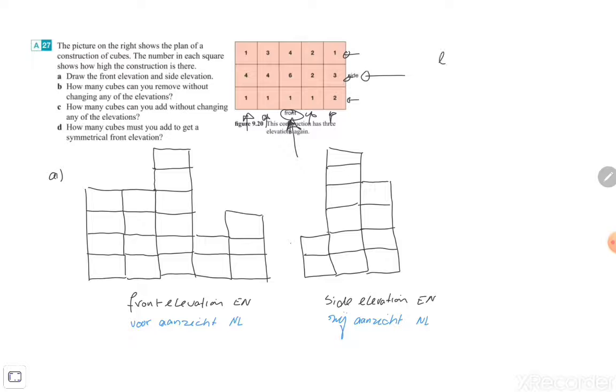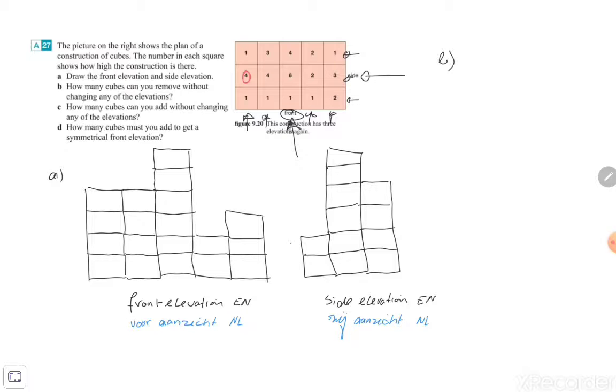All right, let's just look at exercise B, because the question is how many cubes can you remove without changing any of the elevations. Now let me just start to make circles around the plan of which constructions are the highest buildings. So if we look at the front elevation, then we need to use this 4.